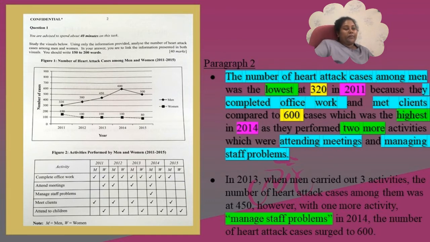We have the key features: the number of heart attack cases among men was the lowest at 320, the data, and the time frame in 2015. So this would be the analysis for figure 1.